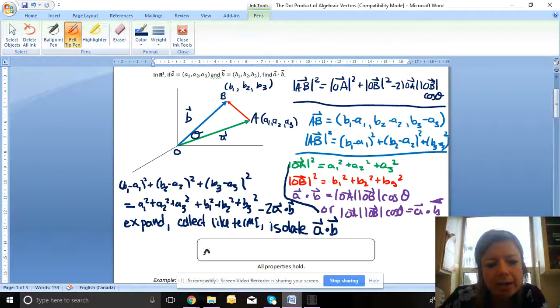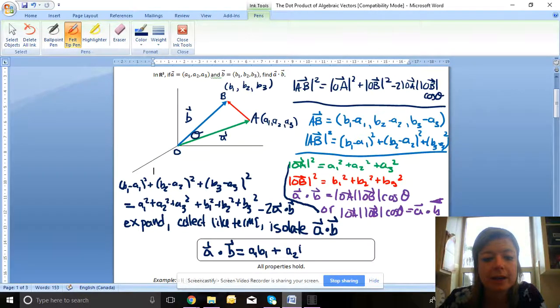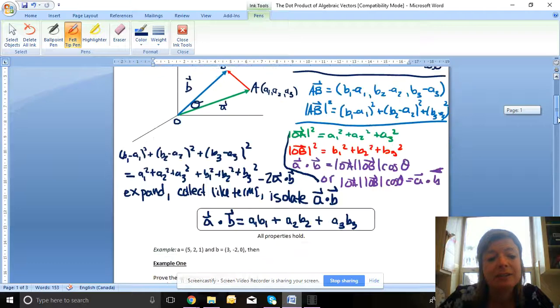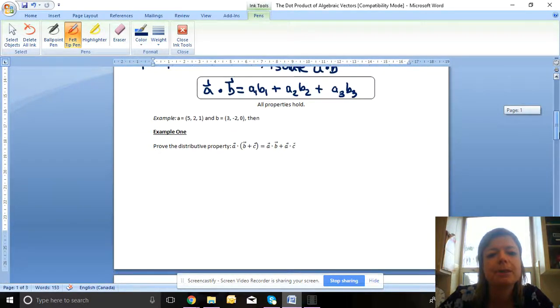If you want to do it on your own, it's actually a pretty fun exercise. It's not too bad. The dot product between 2 algebraic vectors is just you multiply the x values together, plus multiplying the y values together, and then you add the multiplied z values together. And that is it. So, super simple example.